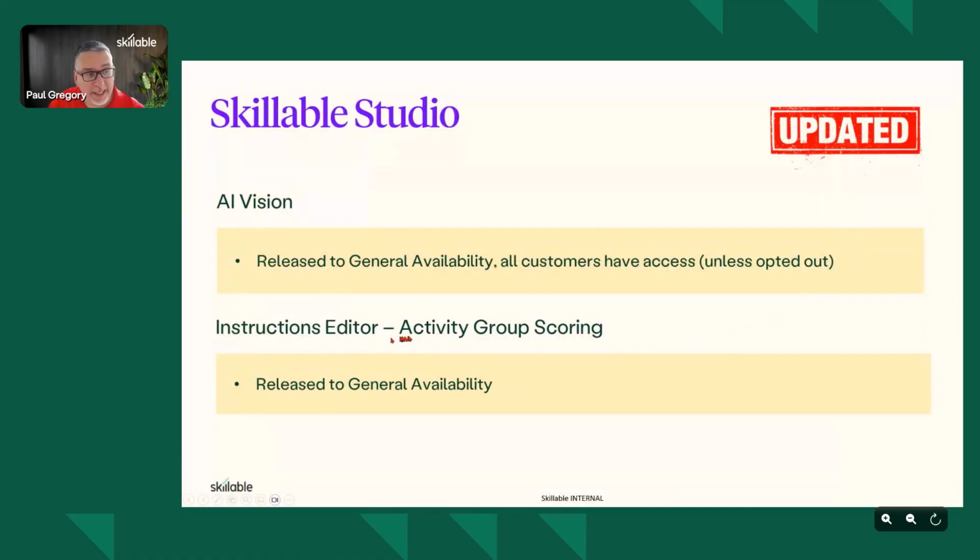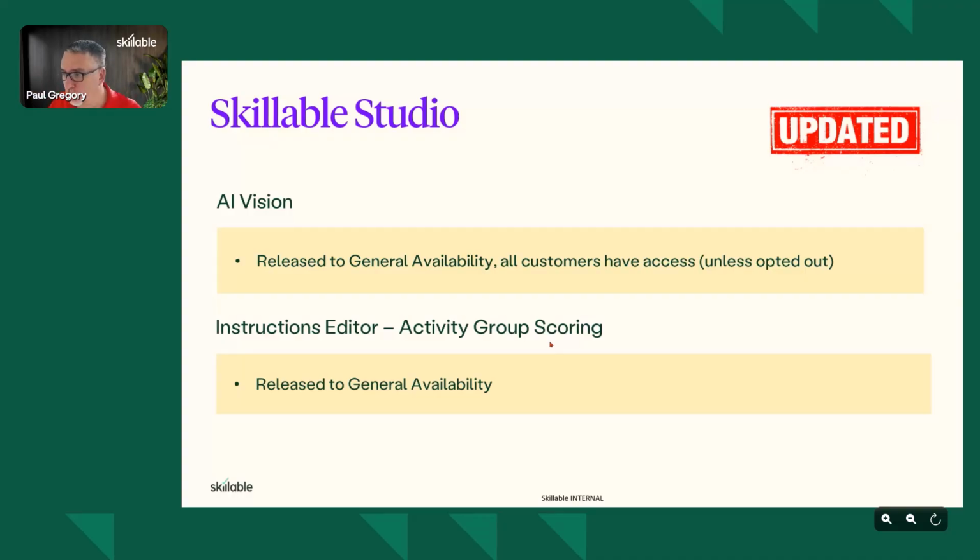We've also released the new activity group scoring capability. We touched on this last time, but we didn't really go into any detail on it, and we're not going to go into any detail now. To give you a one-liner on what this feature is, let's say you've got 10 things you want people to do in a lab, and you want them to pass that lab if they get 7 out of the 10 right.